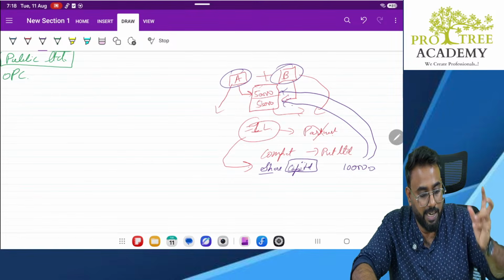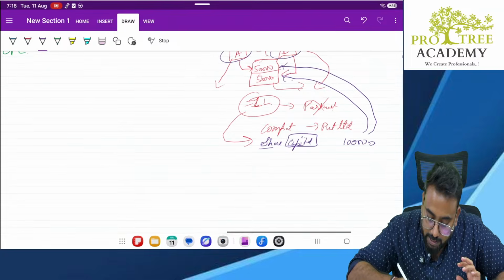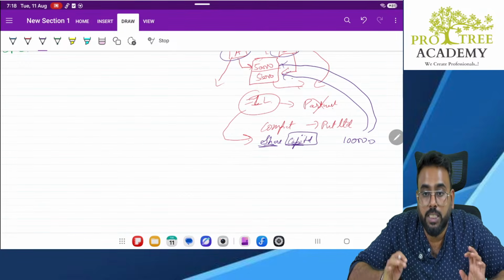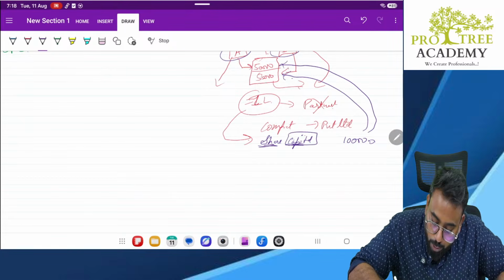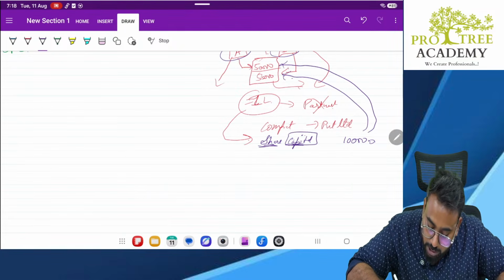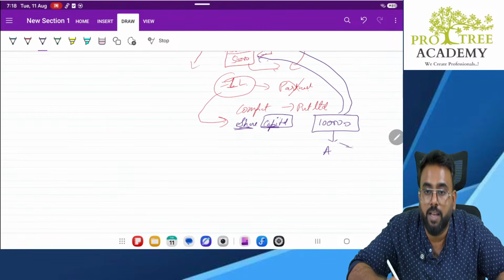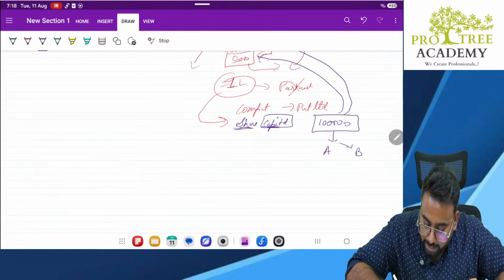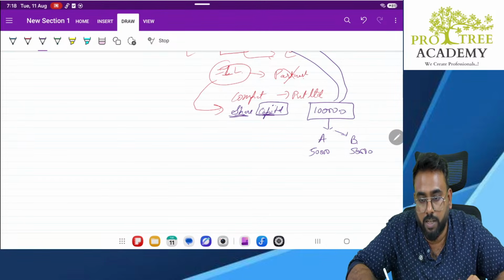So this capital is a shared capital. Understood? That is why I call it as share capital. Okay, sir, fine. Now, how do you distribute this 1 lakh, sir? I distribute this 1 lakh to Mr. A and to Mr. B like this, 50,000, 50,000. Understood, sir. Correct, sir.